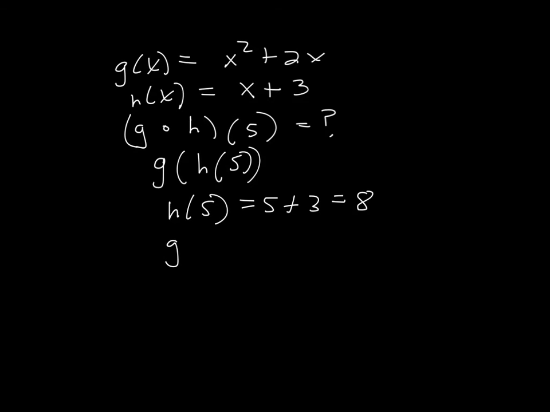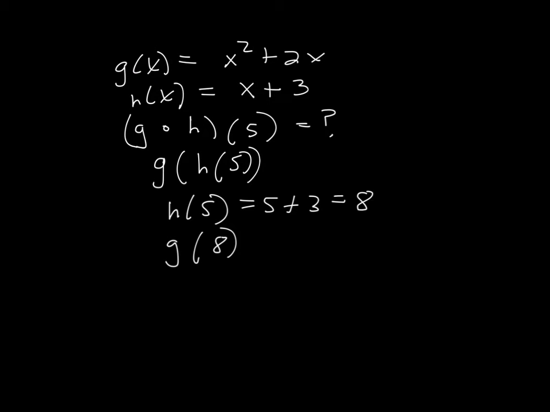So we're now looking for g of 8. Once again, h of 5 is 8, so I'm going to replace h of 5 with an 8 here, which is what I did right here. So now it just says g of 8. But g of 8 just means to take 8 and plug it up here in the g function.